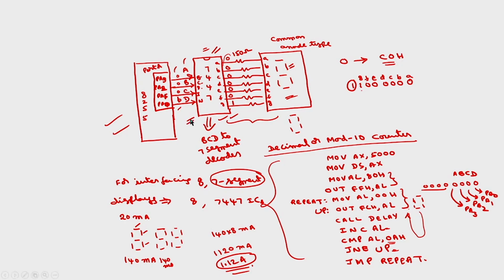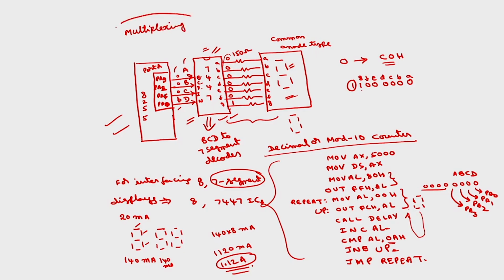In addition, we have to use 8 7447s. Instead of using these 8 7447s, we can use a technique called the multiplexing technique.